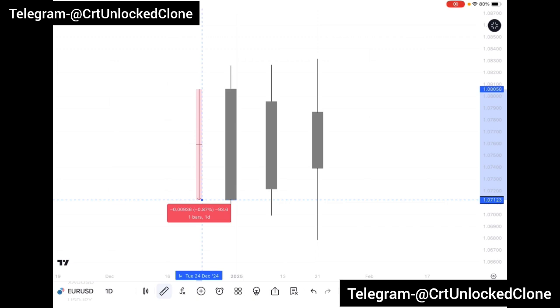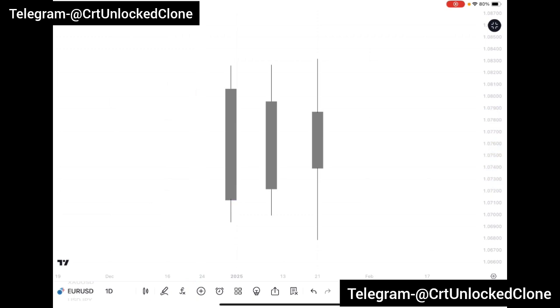So now the length of the body is higher than the wicks. So this is a clean CRT candle. I think you guys can see it clearly. Again I'm saying that the length of the body should be higher than the wicks. By using the measure tool, we can find it clearly. It's a simple trick. So the first candle is the CRT candle.